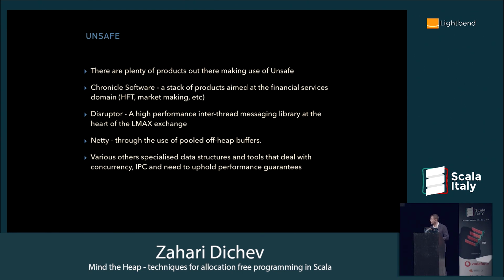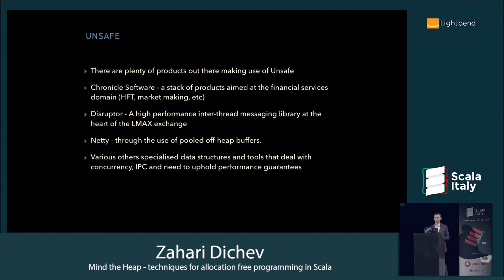And of course you have Netty, which is using pooled off-heap buffers, again relying on unsafe, in order to try to uphold the real-time guarantees that they need to. And of course you have various other data structures and tools, both in the Java and Scala ecosystems, that deal with concurrency and IPC and need to be really, really fast.